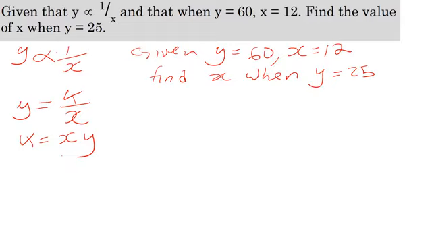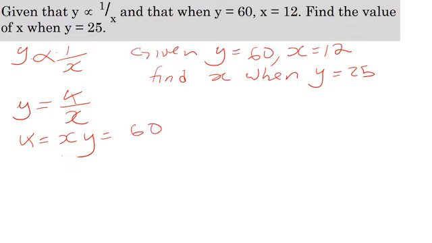That is for us to find the constant. We need to know our constant for us to express y in terms of x, so that we should be able to use these values to find x.